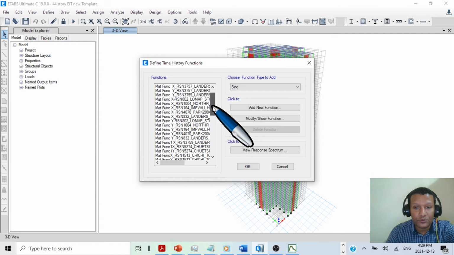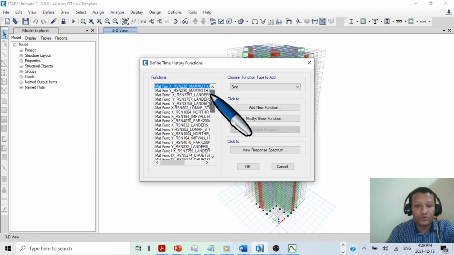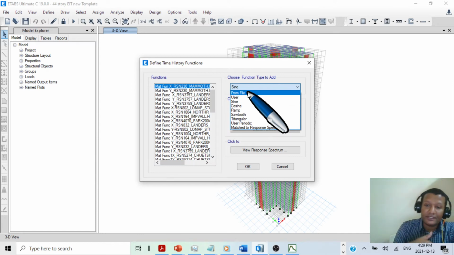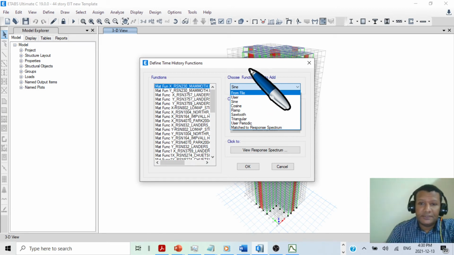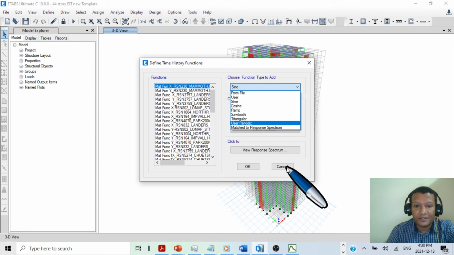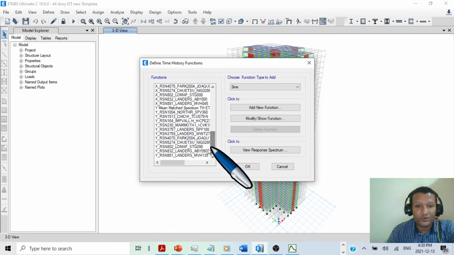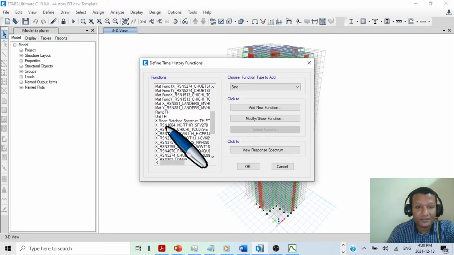But what you have to do, if you want to bring them, you go here from file, then you will extract all the files you want. Just to demonstrate, I took 11 here. For example, we have 11 data sets.